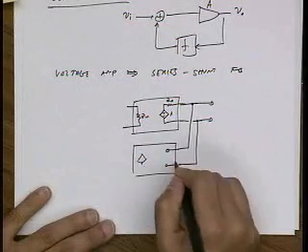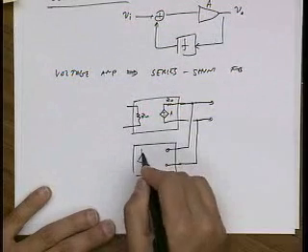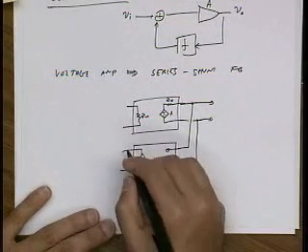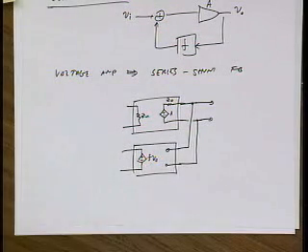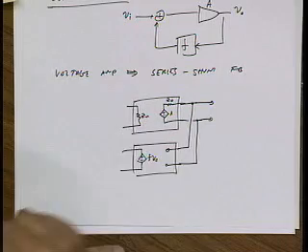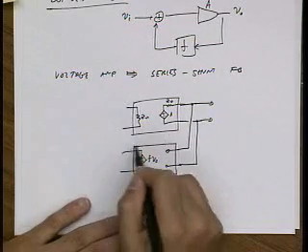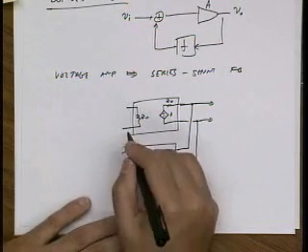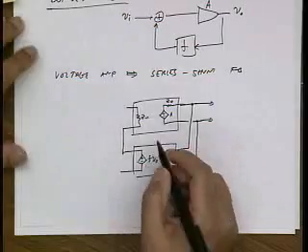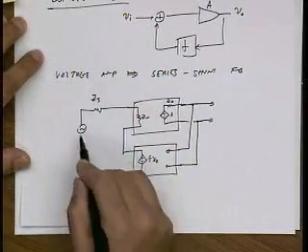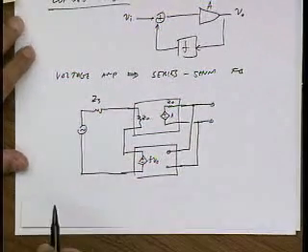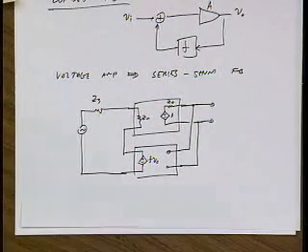All it does is peek at the output voltage and generate a voltage, which is F times V out. And at the input, I now want to subtract this voltage from my input voltage to the amplifier. So I connect it in series.